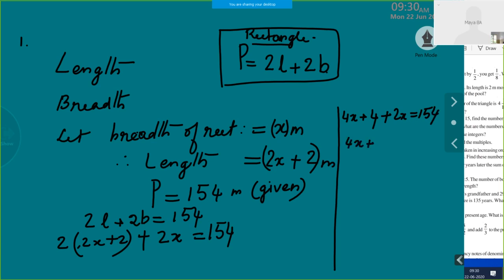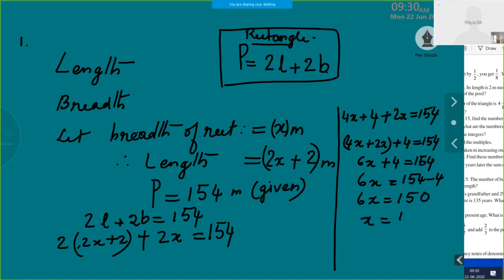Like terms means the same variables, plus the constants. 4x plus 2x is 6x. 6x plus 4 is 154. So 6x will be 154 minus 4. So 6x is going to be 150. So x is equal to 150 divided by 6, that is x is equal to 25.